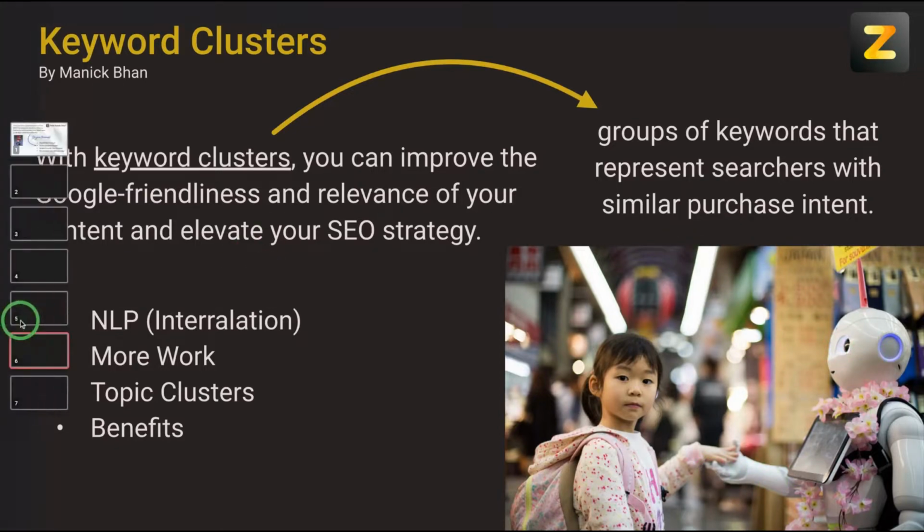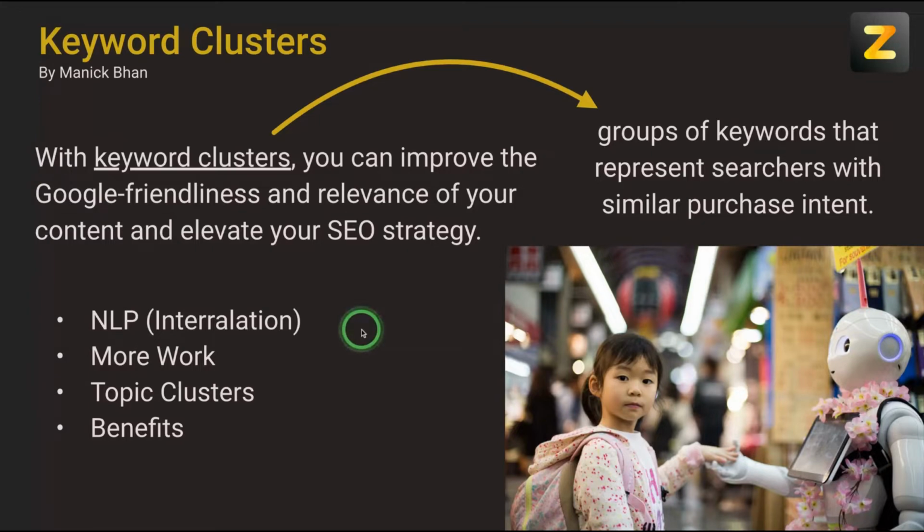Why? Because he now has natural language processing. Now Google has NLP and it can make interrelations. It can understand better if you are writing a content that will serve your audience.